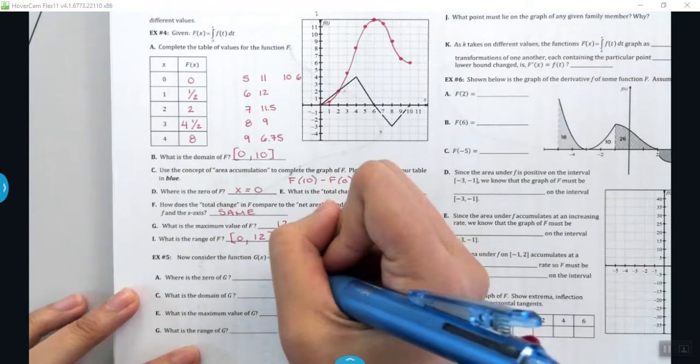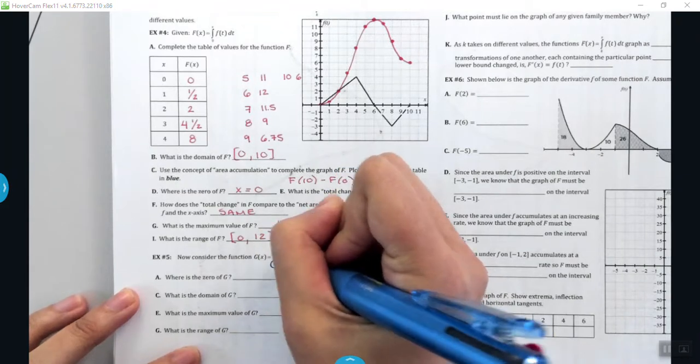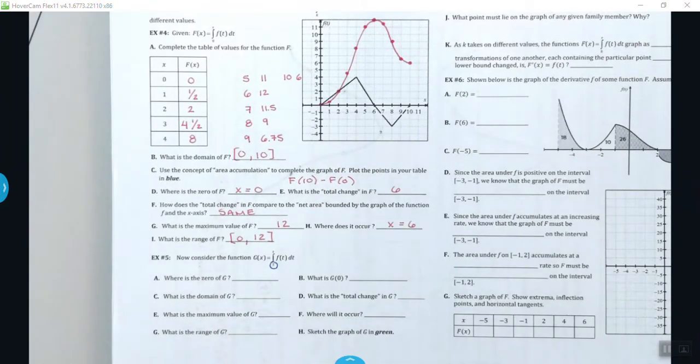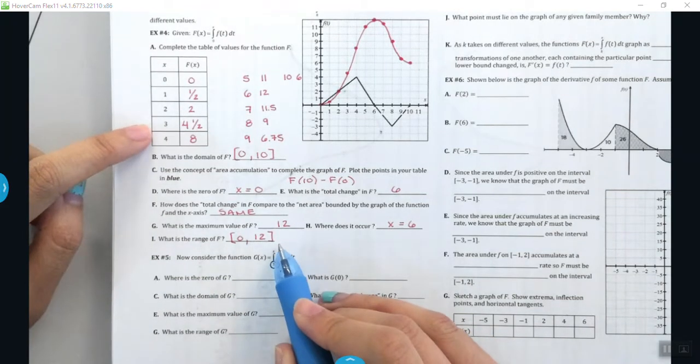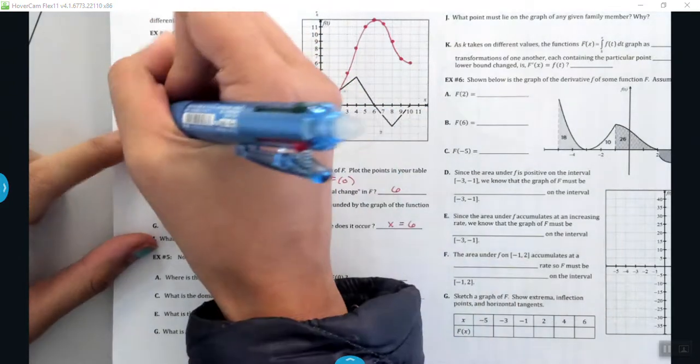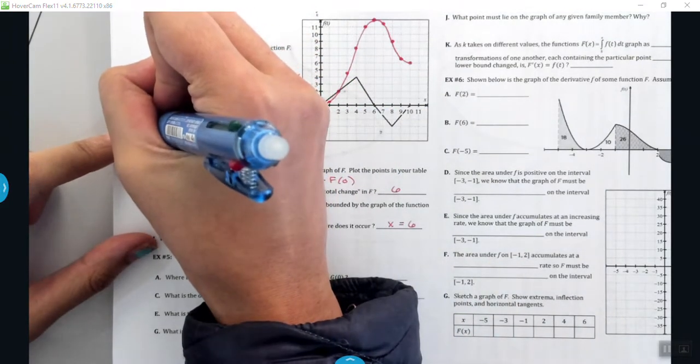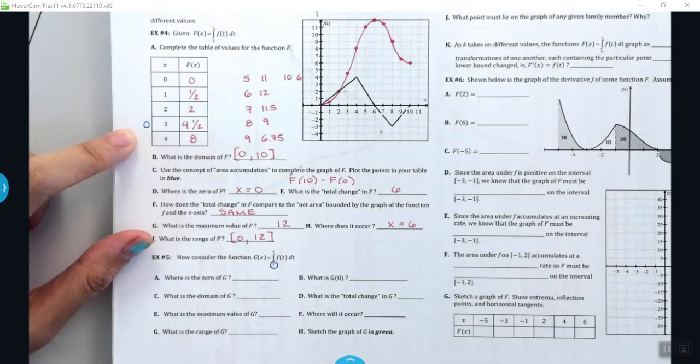Okay, let's do the next one together. So this one starts at 3 now, not at 0. If I start at 3, what's my integral from 3 to 3? 0.